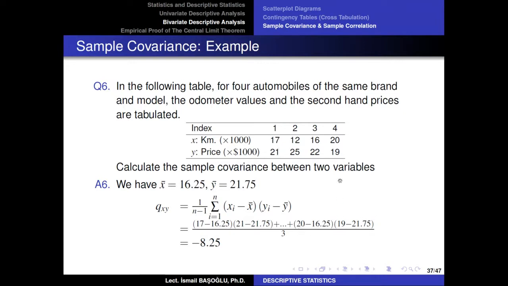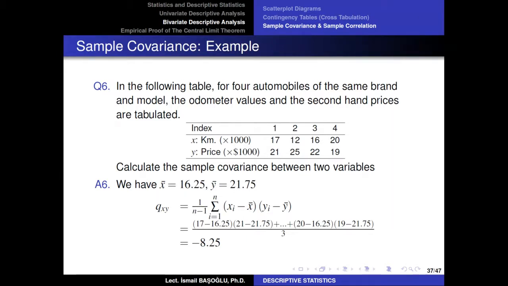As you can see, this is for the fourth member, 20 minus x bar times 19 minus y bar. We sum up the products of these deviations and divide by n-1, which is 3 for our sample size, and the covariance here is minus 8.25. Now, we should say that there seems to be a negative relationship between these two variables. So as one of them increases, the other one tends to decrease, or vice versa.